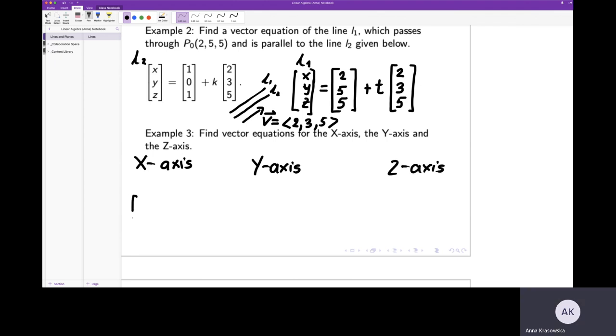And each of them will be (x, y, z) equal a point. Okay. What is the point it passes through? Plus k times a vector in the direction of the x-axis, or parallel to the x-axis.